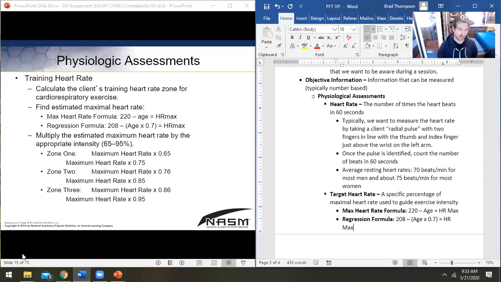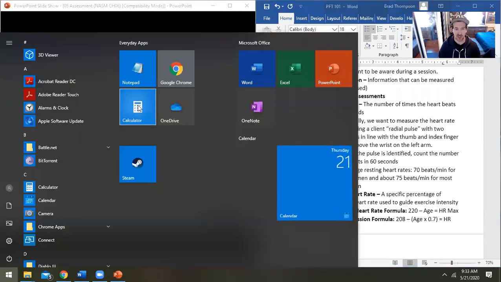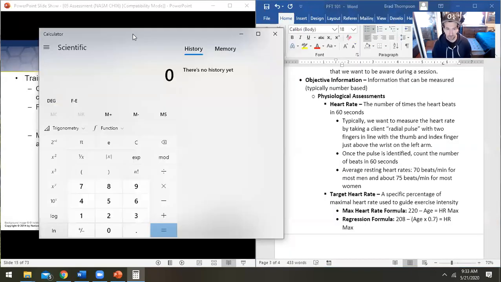So let's look at a client who is 20 years old. They're in pretty good athletic shape. So if we did 208 minus their age, which is 20, times 0.7, so 208 minus 20 times 0.7, that's going to give us a heart rate max of 194.